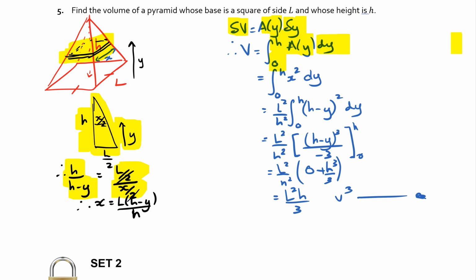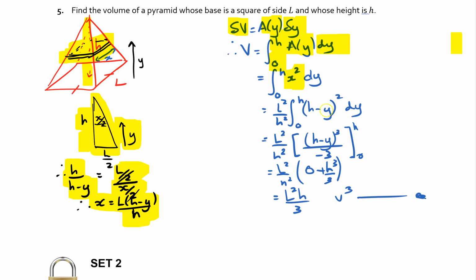And the reason it's L on 2 and x on 2 is obviously this triangle here is formed by dropping the perpendicular down through the middle of our pyramid. So when we rearrange that and simplify, we get this as our expression for x, and then the area of our face is x squared because it's a square.